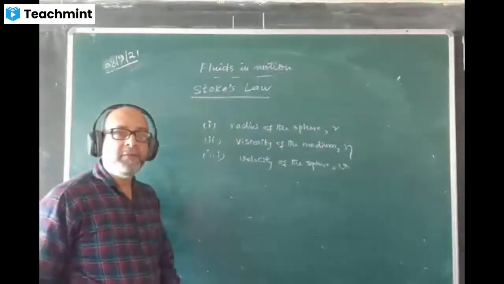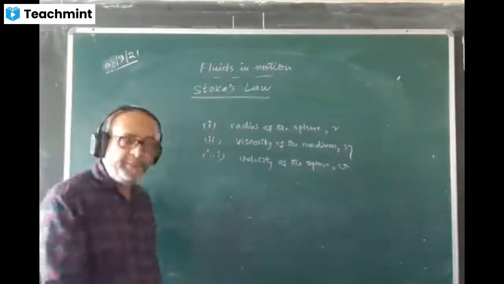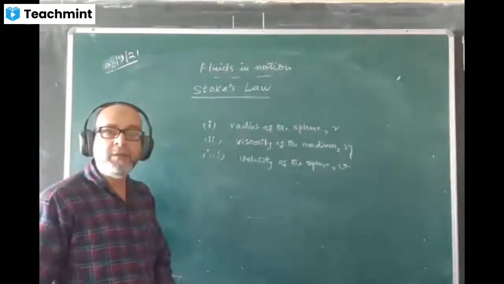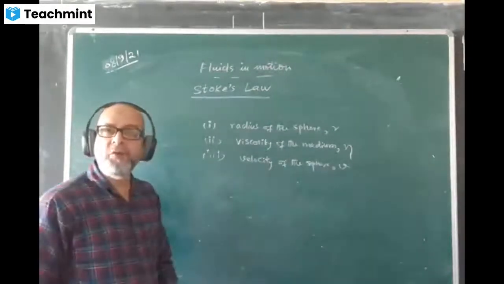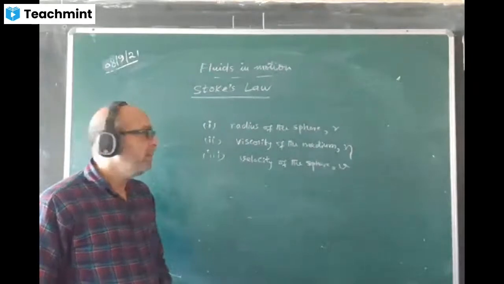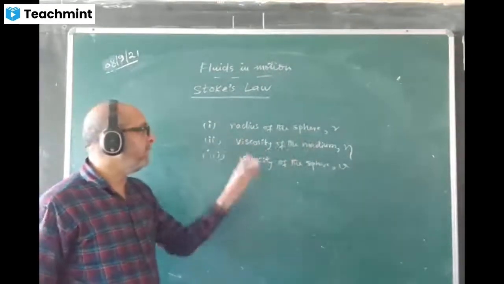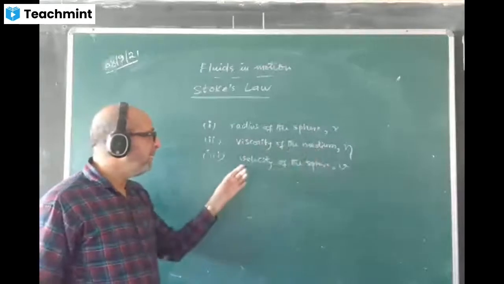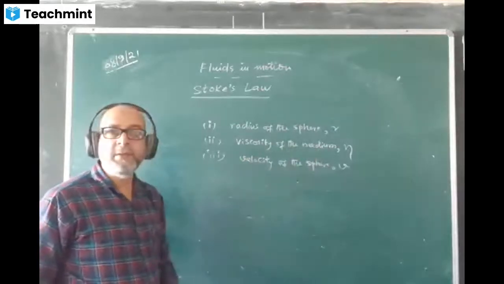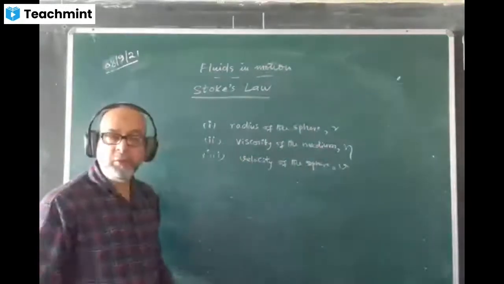Stokes found that any spherical object falling in a medium, that medium can be water, can be air, can be any fluid medium, depends on these three factors: r, the radius of the sphere, the viscosity of the medium, and the velocity of the object which is falling down.